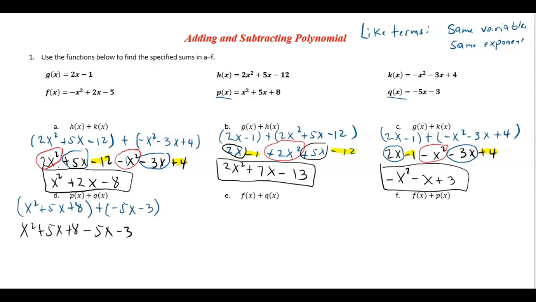So now I'm going to combine like terms. Start with the x squared. I only have one term with the x squared. If you look over here, there is no other term with the x squared in it. So we're going to have x squared.